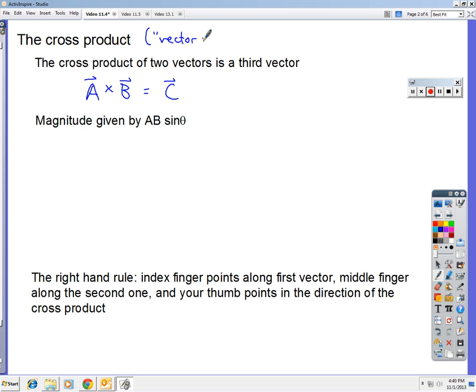If you see that, it just means the same thing as cross product. The magnitude of vector C is given by AB sine theta, where A is the magnitude of vector A and B is the magnitude of vector B, and theta is the angle between them.